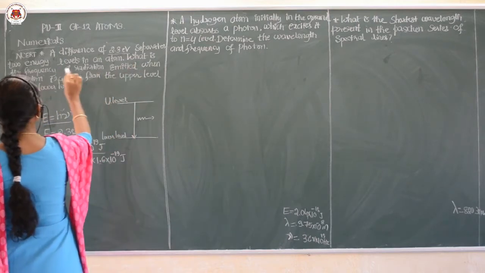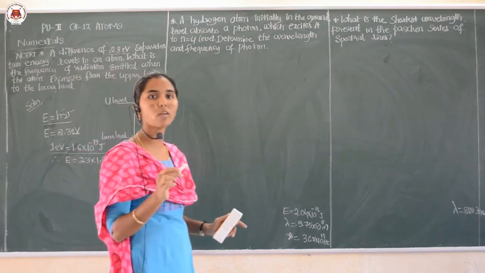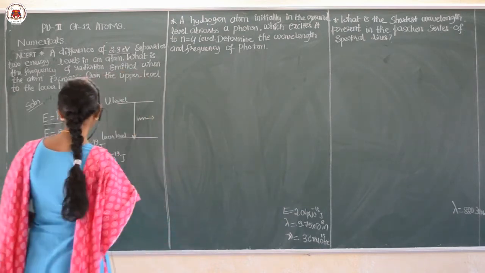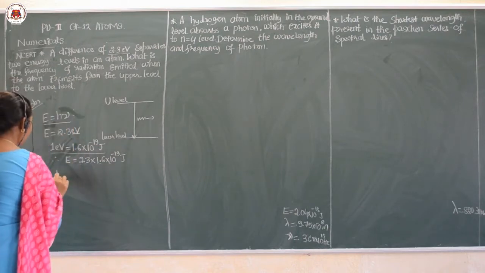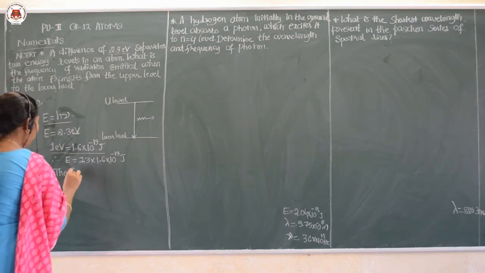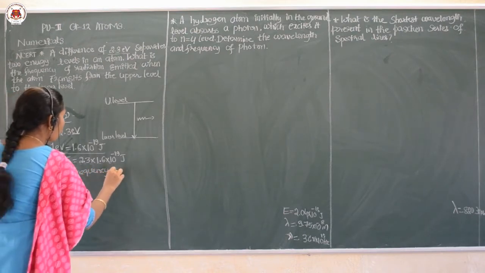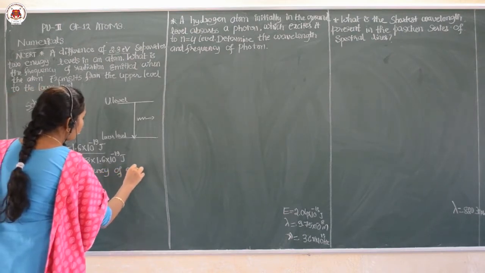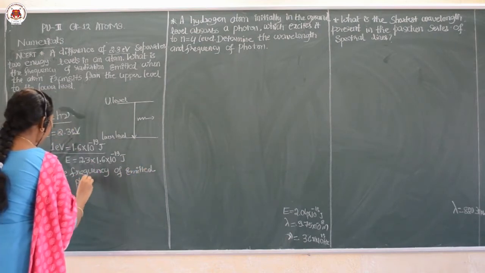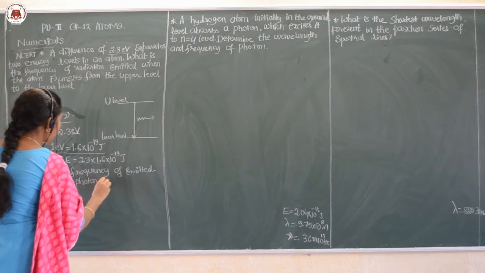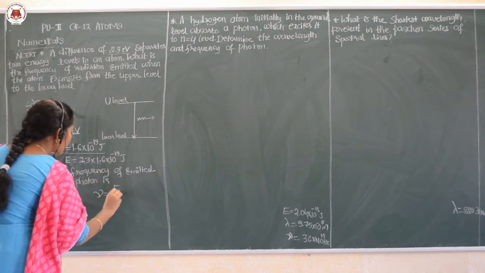What is the frequency of the radiation emitted? That means the nu value we need to calculate here. Therefore, by this formula I can write that the frequency of the emitted photon is nu is equal to E upon h here.